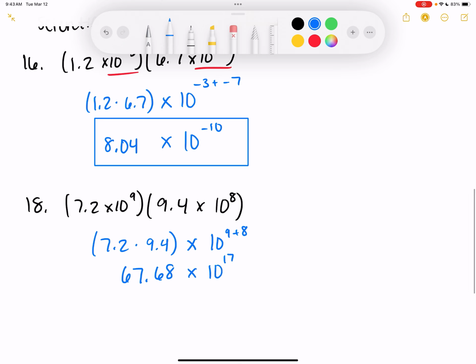So this is one where I have an issue here, because there's 2 digits in front of the decimal point. So I'm going to move it over to the left 1 spot so that I get 6.768 times 10 to the, but what happens now that I've moved this decimal point over here? Yep, I need to add 1 over here.